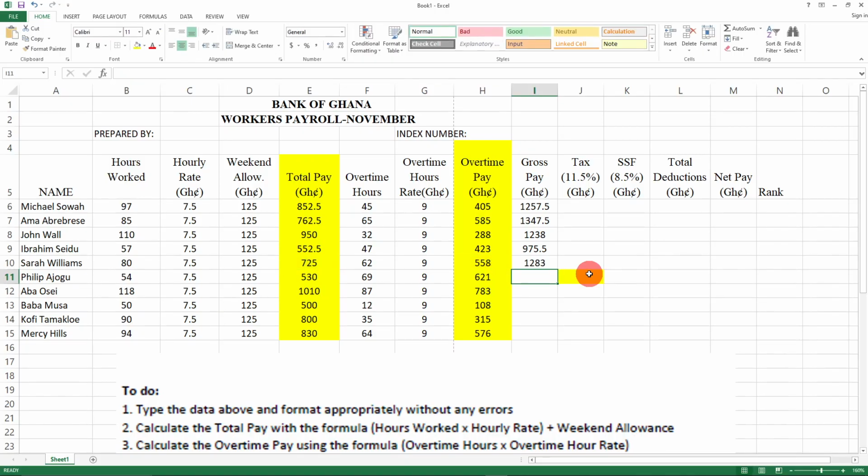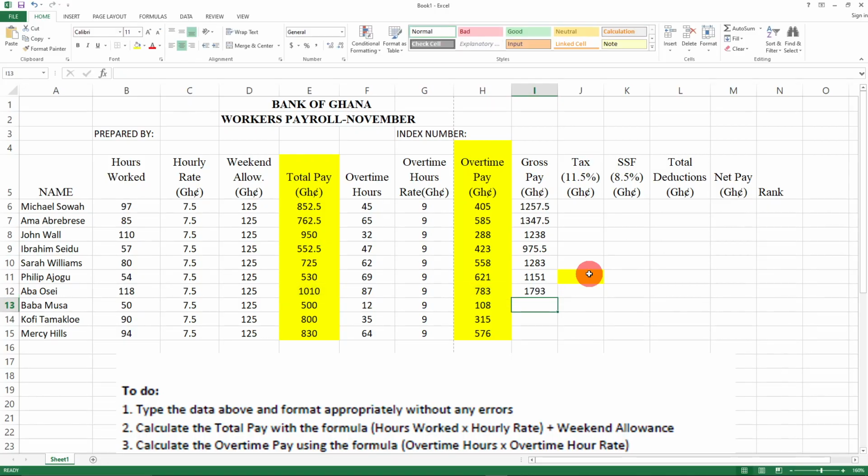The next one is E11 plus H11. The next one is E12 plus H12.